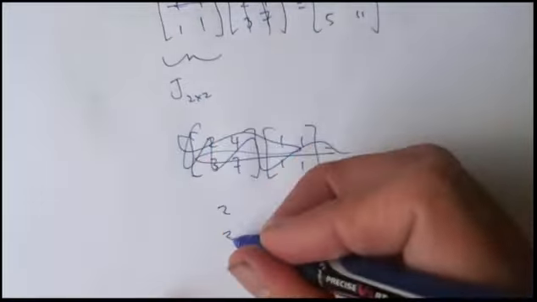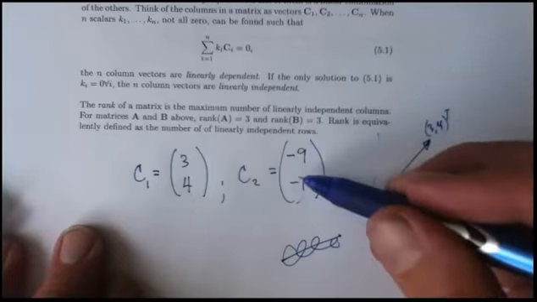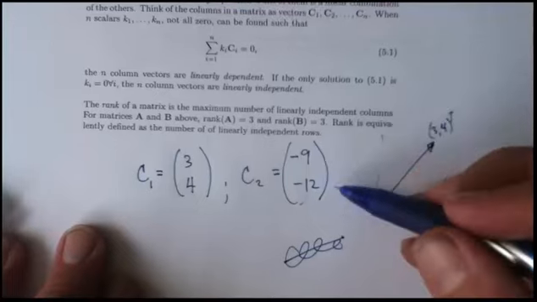Well, C1 sort of points this way, right? This is (3, 4) transpose. Right? 1, 2, 3, and then up 4. C2, what if I multiplied C2 by a third? Then I would actually get C1 back, and it would come back this way, and I'd be at 0. So these are not linearly independent.